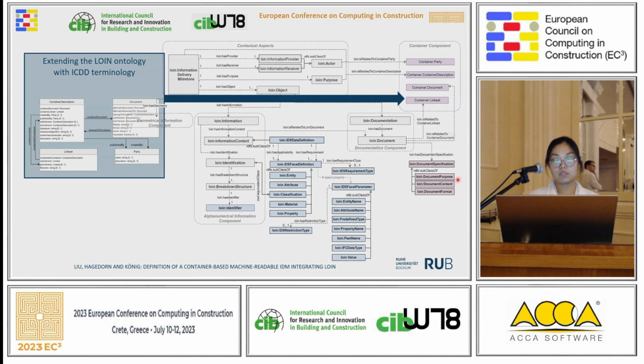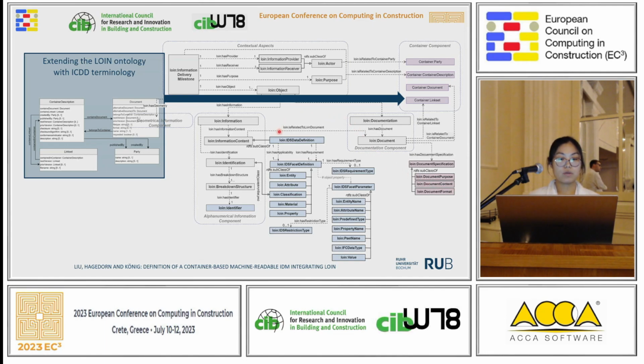For example, the document purpose can specify if a document just provides existing information or should be used as a template and be delivered later. The content can specify the document in a wide range, from technical reports and damage photos to 3D object models. The class document format is intended to clarify the document file type, such as IFC, PNG, or PDF.